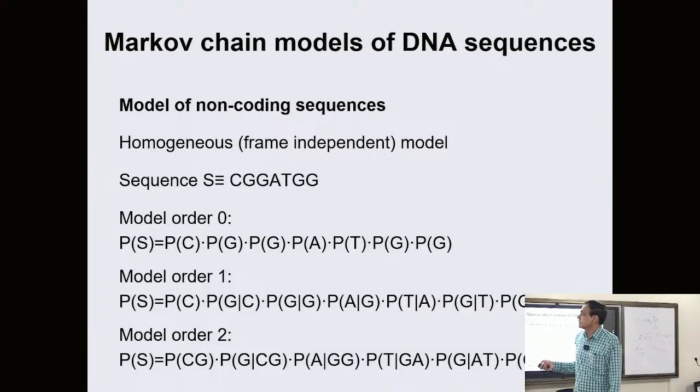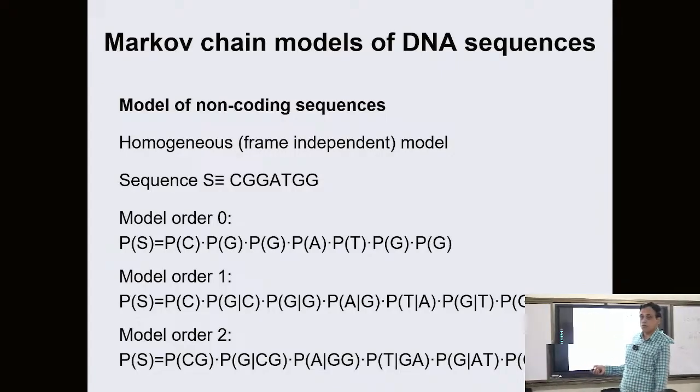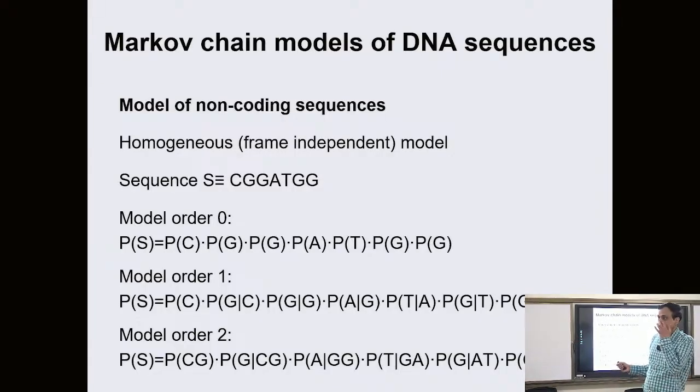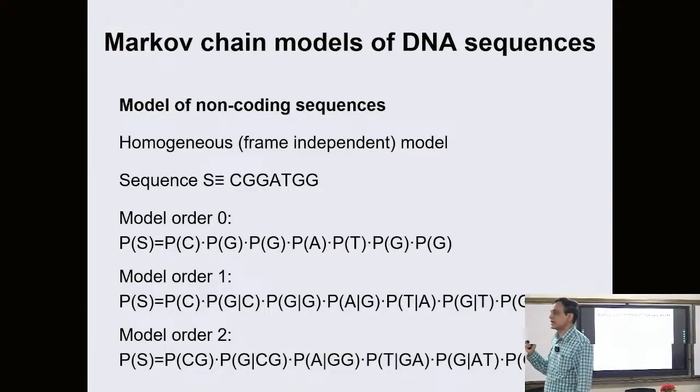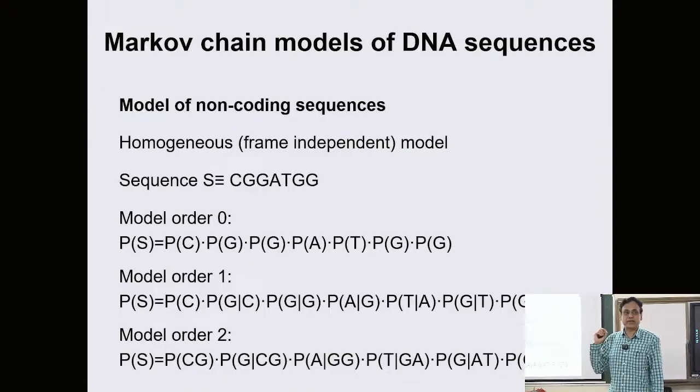Markov chain model of order 1. The occurrence of a base depends on just the previous base.